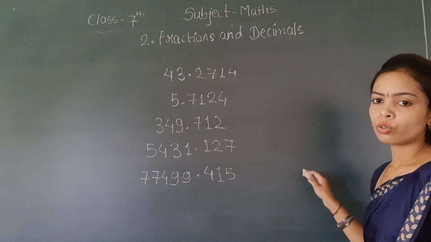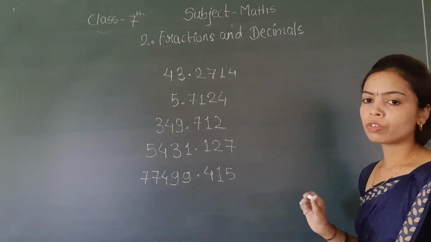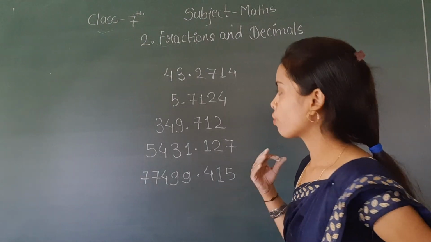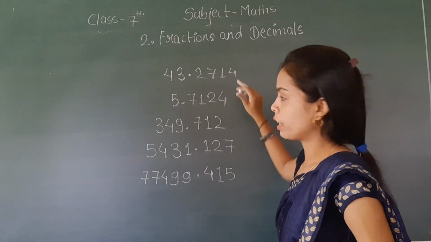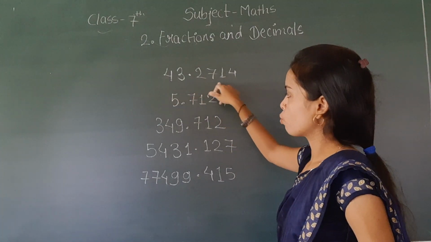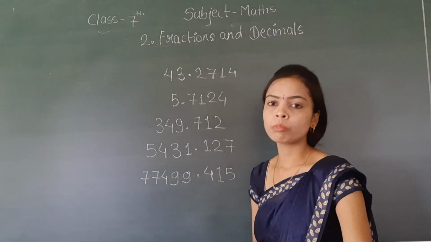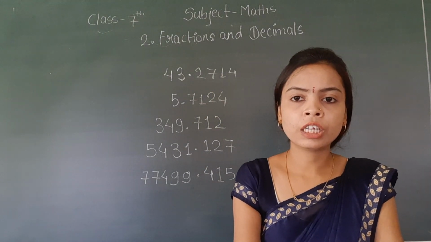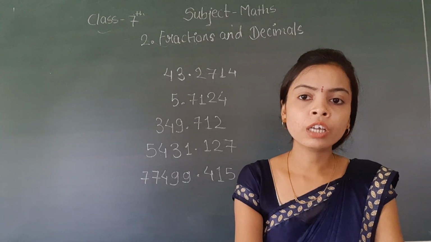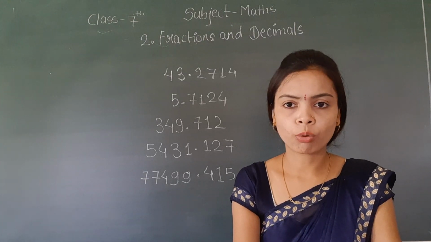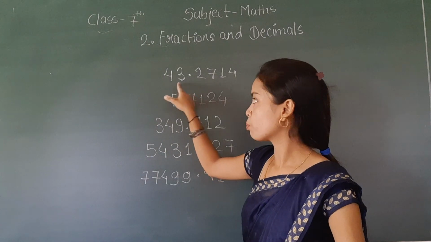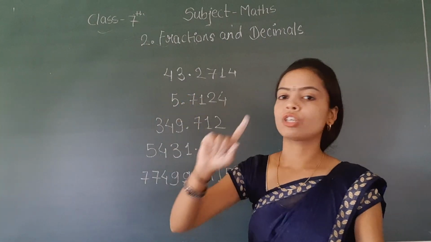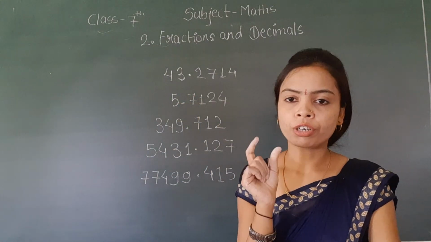How to read the first number, 43.2714? We read first the left part of the decimal, that is 43.